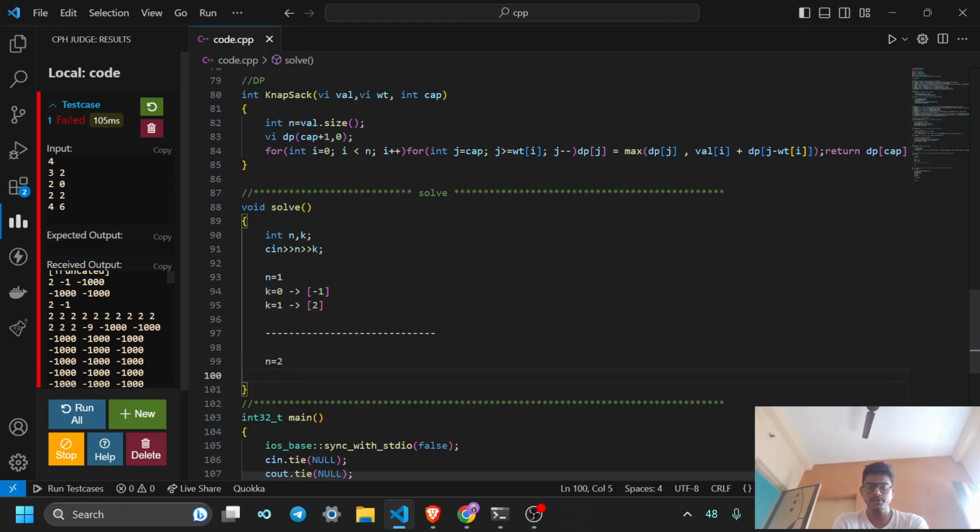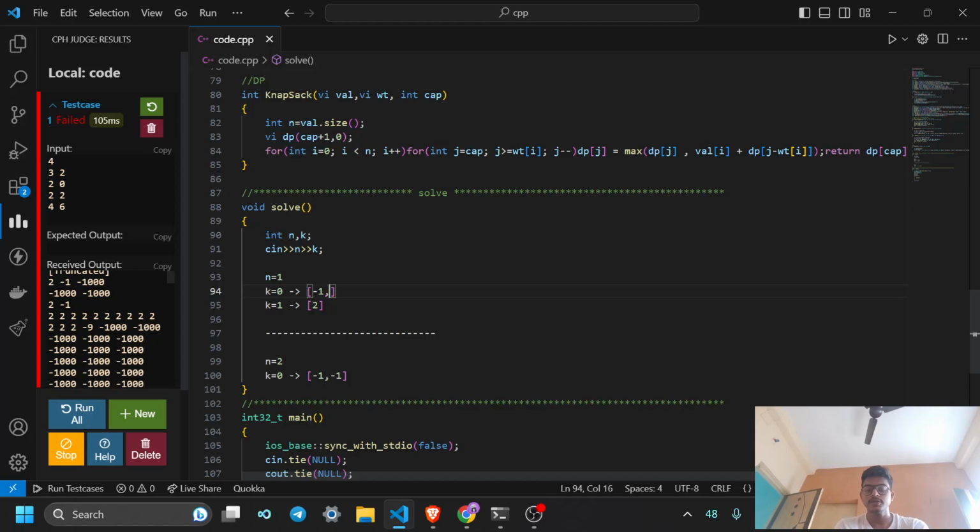Now for n equals 2 and k equals 0, I have to put two negative numbers. It can be -1 and -1. So here is the catch. I already calculated for n equals 1, k equals 0 that I need only one negative number. For n equals 2, I only need one extra negative integer.